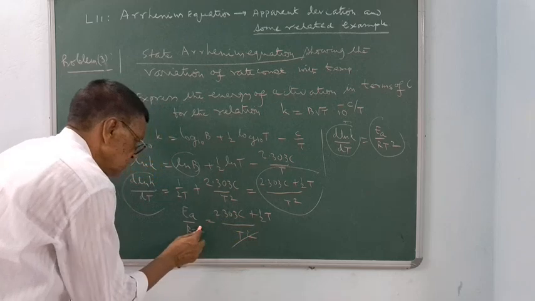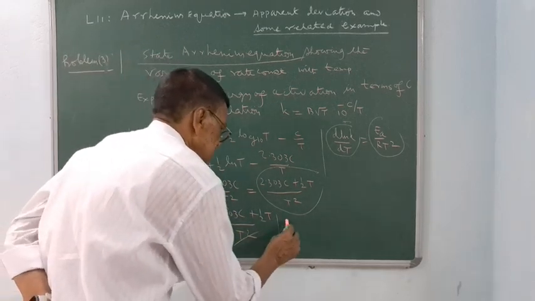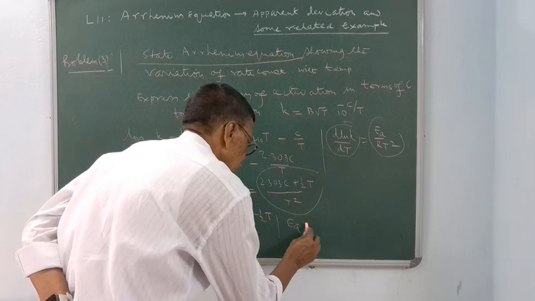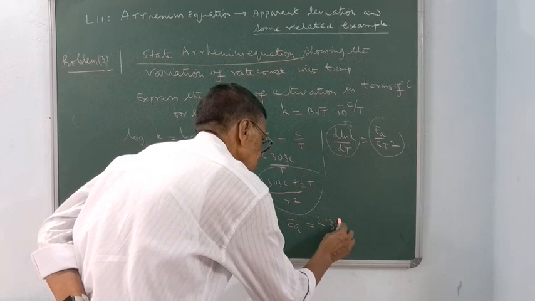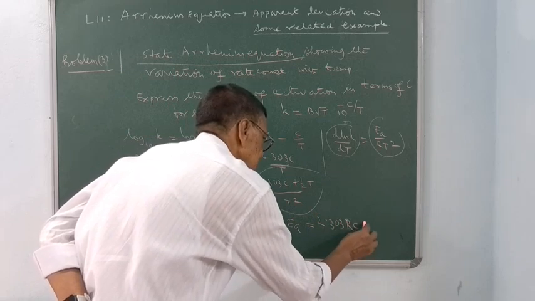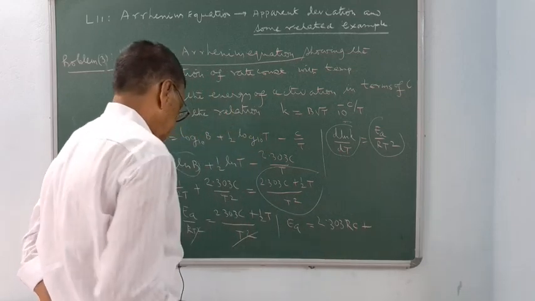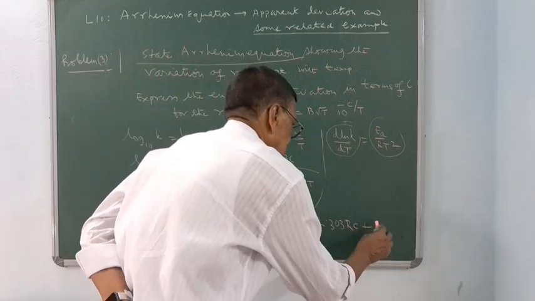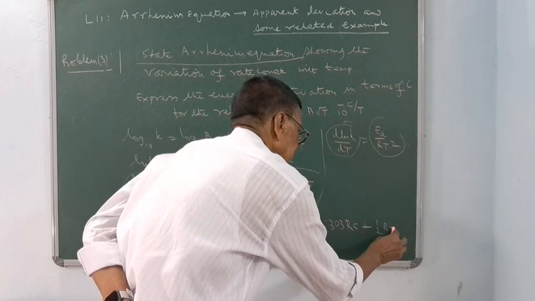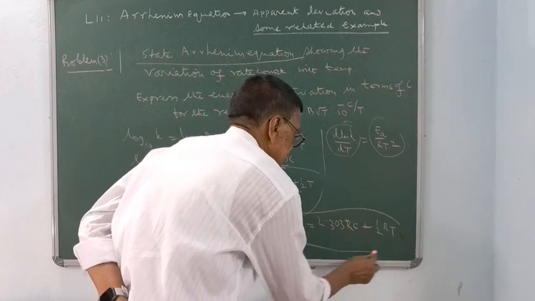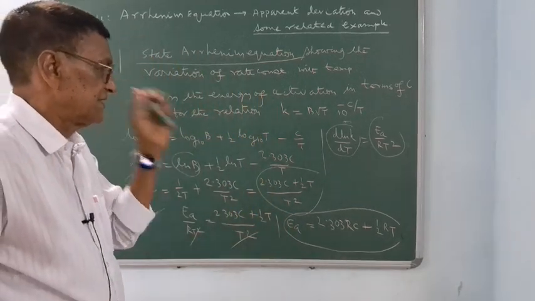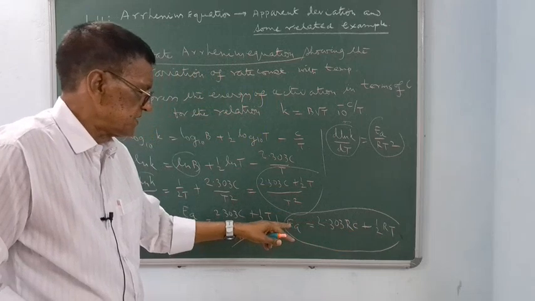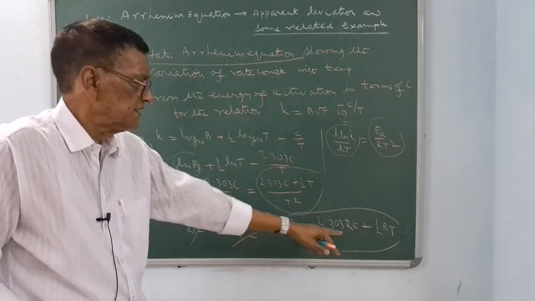T square cancels, so the activation energy equals 2.303 RC plus half RT. This is the expression of activation energy of this reaction in terms of C.